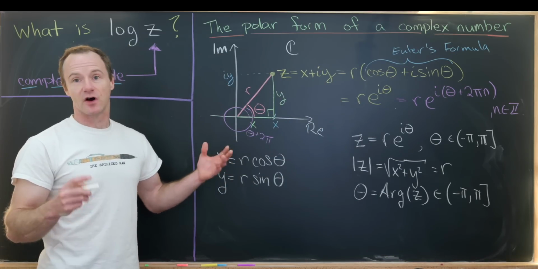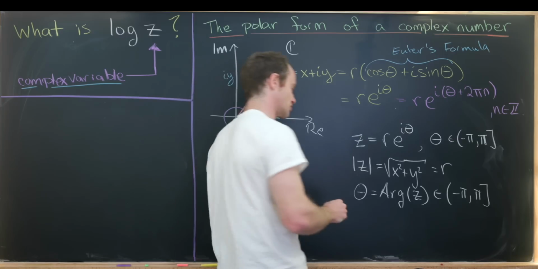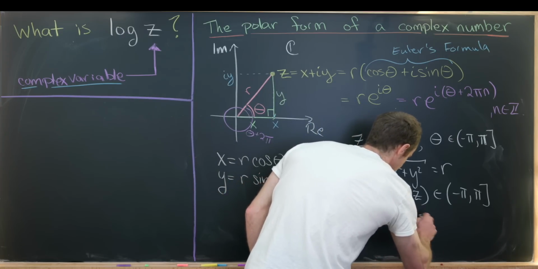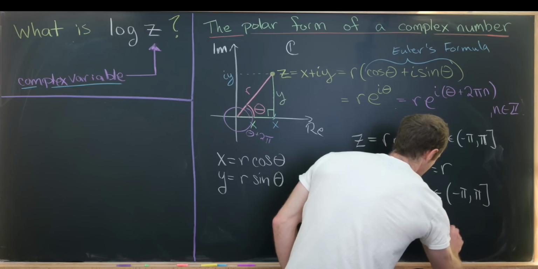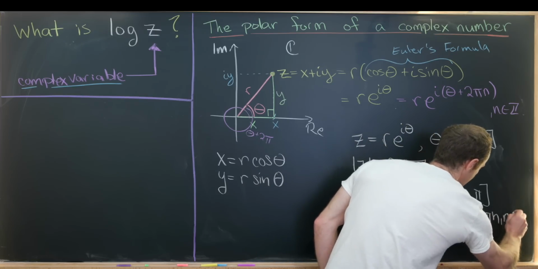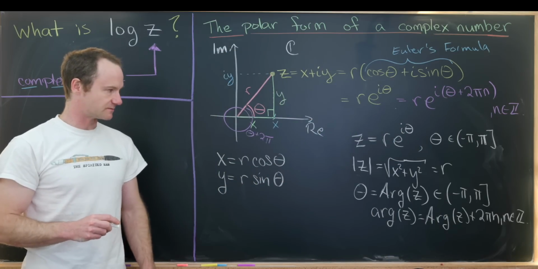So in fact, the argument with a lowercase is a multi-valued function. And in general, we would have lowercase arg of z is equal to uppercase Arg of z plus 2 pi n, where n runs over all integers. So it's an infinitely valued function.